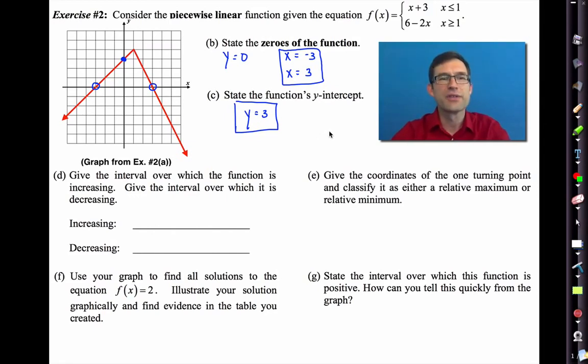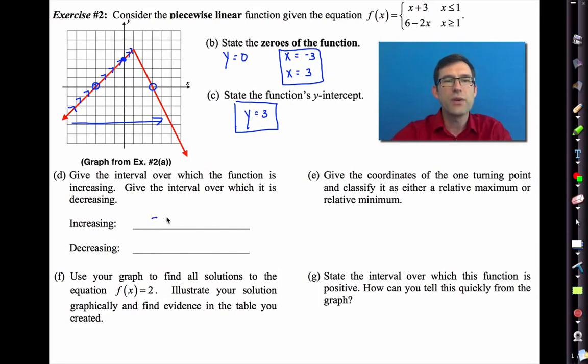All right. Now let's talk about increasing, decreasing. This could be confusing, especially because of the arrows we've put on our graph. But remember, even though I might have this arrow here and this arrow here, I will always read the graph in this direction. So it says give the interval over which the function is increasing, give the interval over which the function is decreasing. Well, the function is going to be increasing all along here, right?